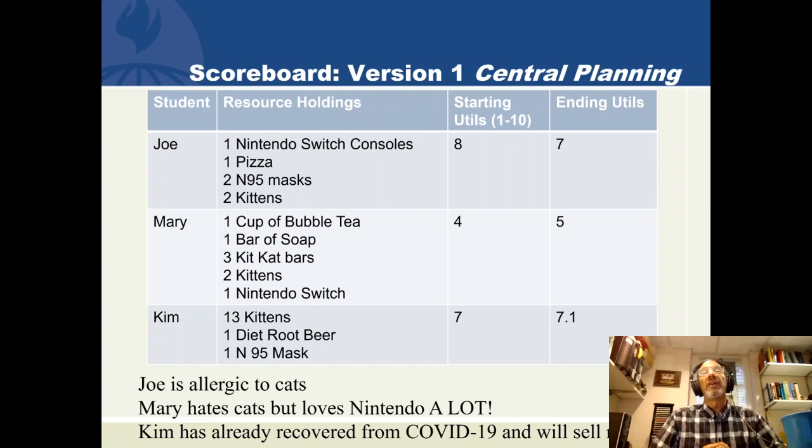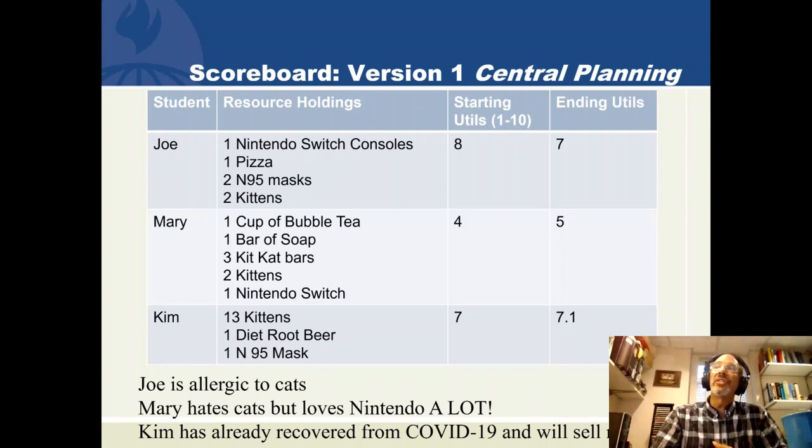She's moved from 4 to 5. And Kim has already recovered from COVID-19 and really cannot become infected, and giving Kim an N95 mask is not that great. He's going to sell it on eBay, but for now it's just really not worth much to them.